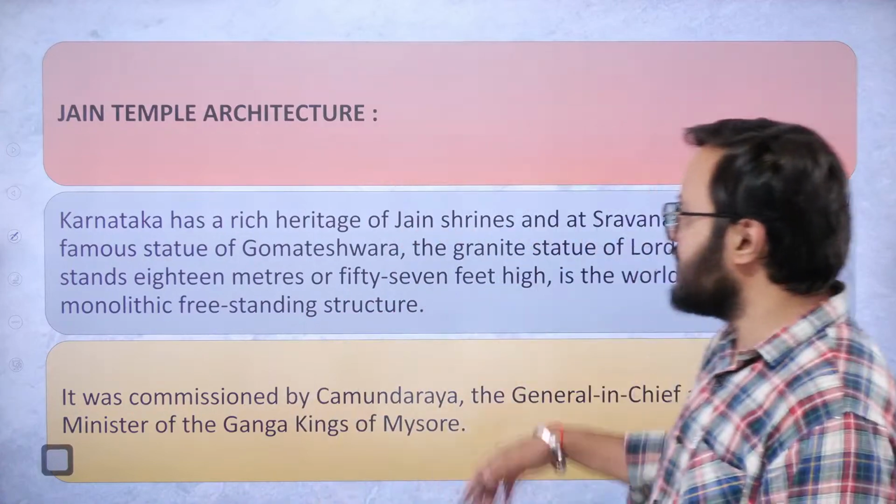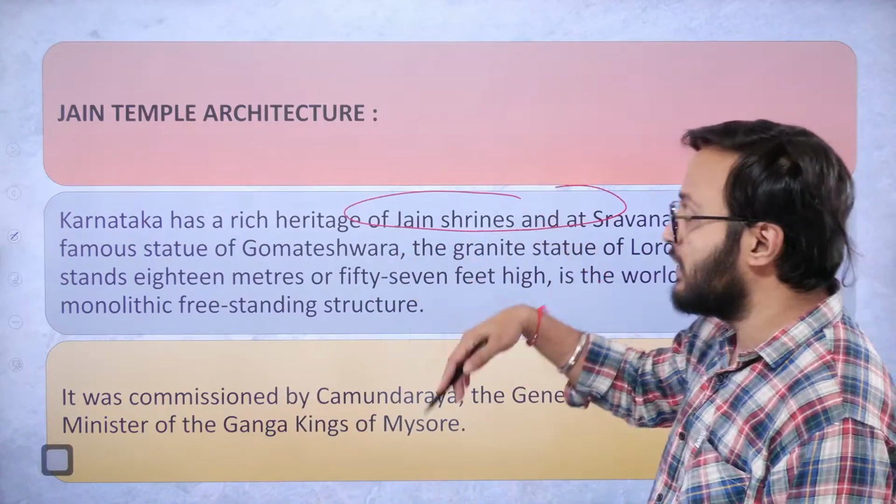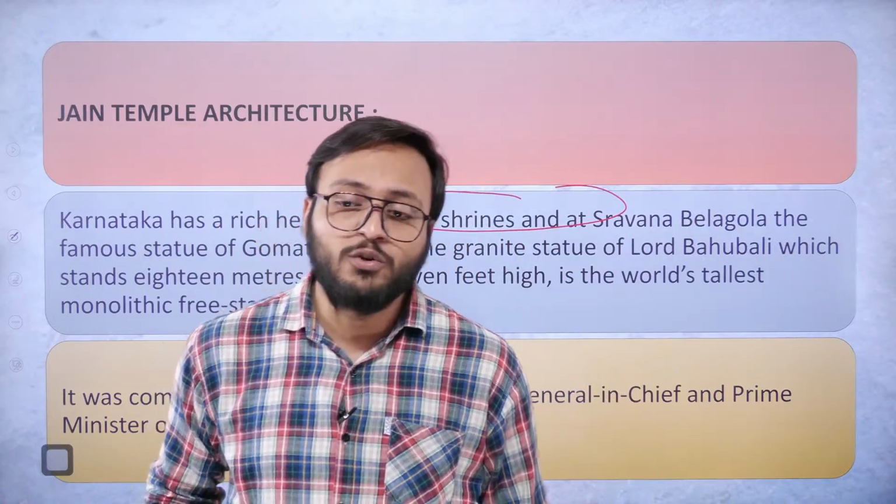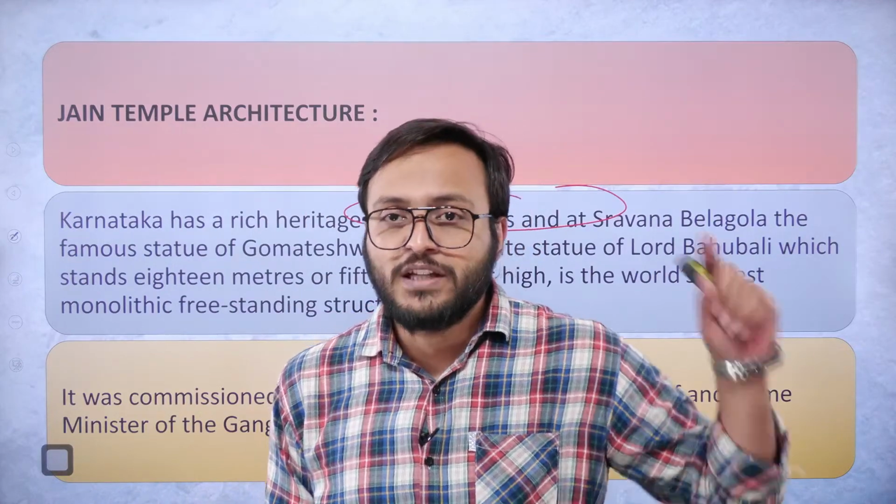As I told you, the Jains were probably the most accommodative, most inclusive type of architecture that was followed by the Jain temples. In Karnataka, we have a rich heritage of the Jain shrines located particularly in the areas nearby Gomateshwar, particularly Shravan Belgola, because the Gomateshwar statue is a very famous one.